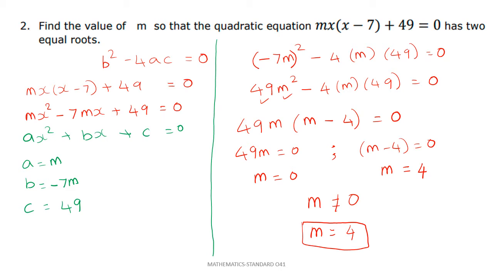That is wrong. You have to substitute whatever value you found in the given equation and see if it is getting satisfied. When I substitute m as 0, I get 0 plus 49, which is equal to 0, but it is not correct. So m cannot be 0. The answer is m equal to 4.